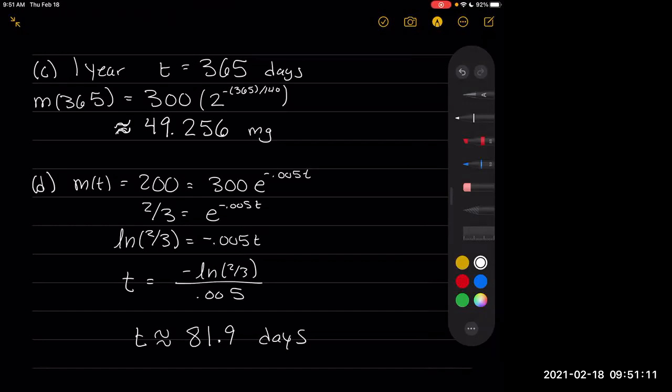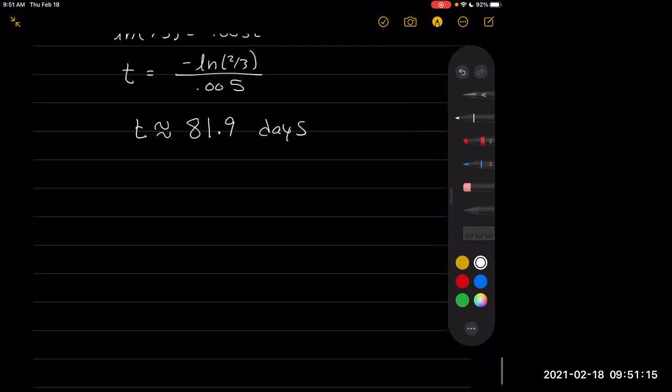All right, we are moving on to our last model type, and it is Newton's law of cooling.